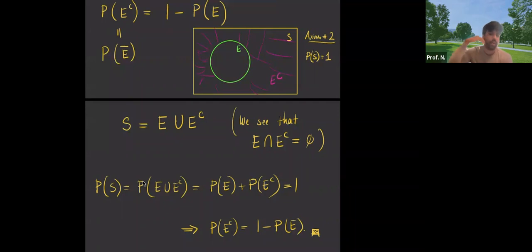Now we have a better understanding, not just of what a complement is, but we're able to determine that these are mutually exclusive. That means their intersection is empty. That means you can find the probabilities of unions of mutually exclusive events as a sum, and so on and so forth. And things become a little bit more clear, I hope.